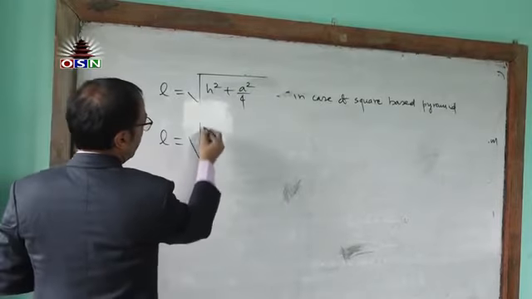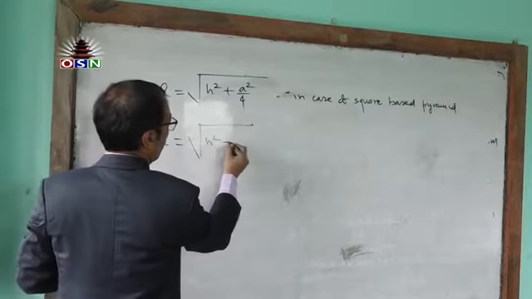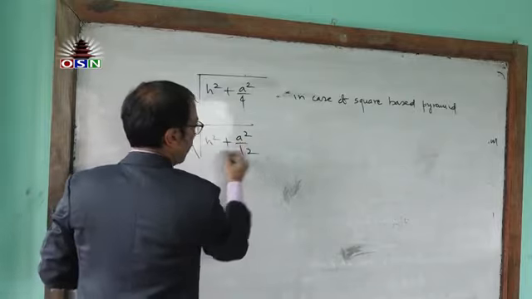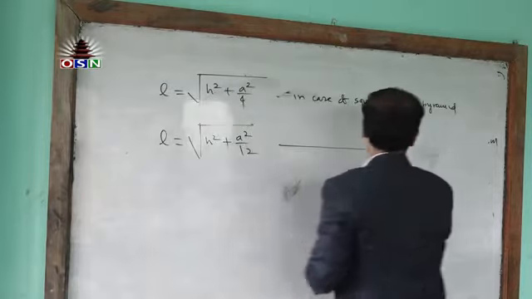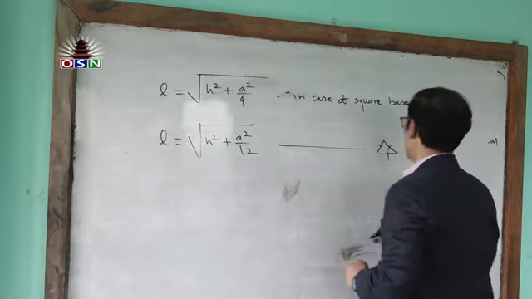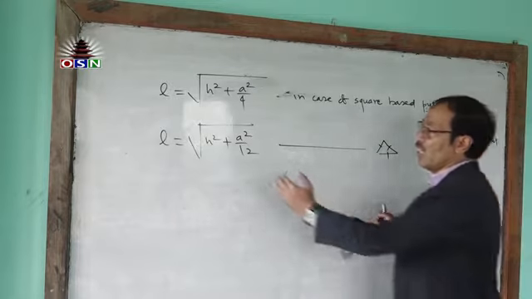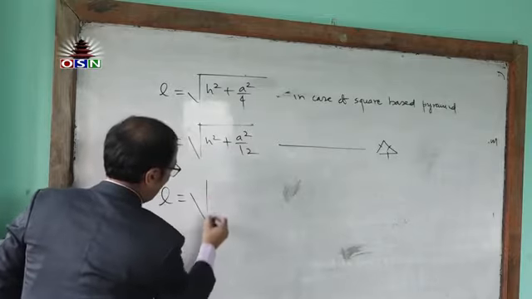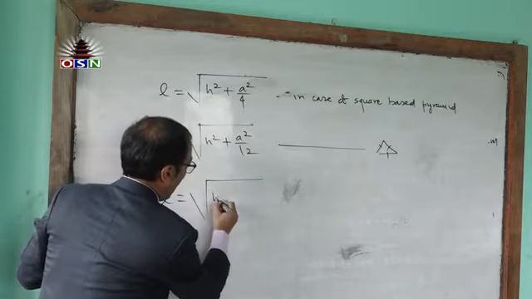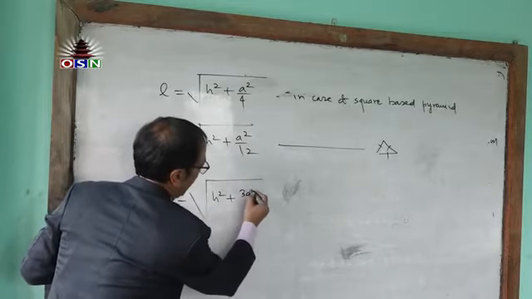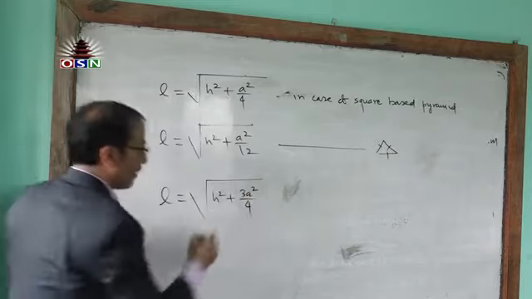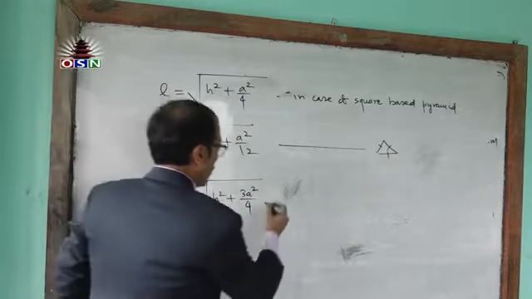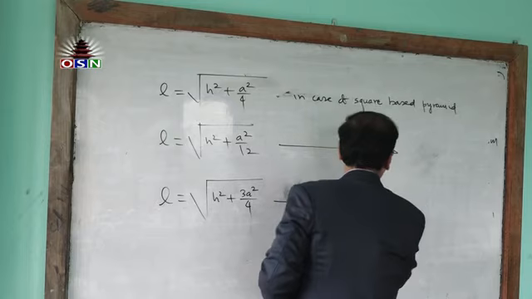So here, root under another formula, there is h square plus a square by 12, if the base is an equilateral triangle. You will use this formula. Again, if the base is a hexagon, then h square plus 3 a square by 4. This is in the case of a hexagonal pyramid.